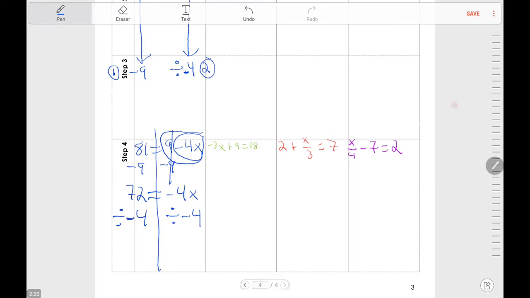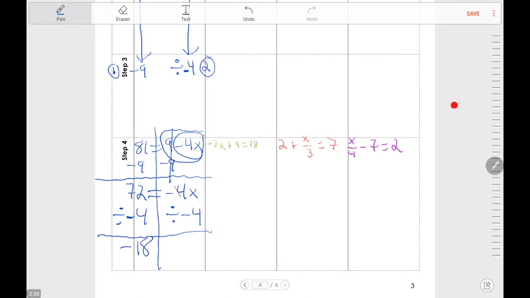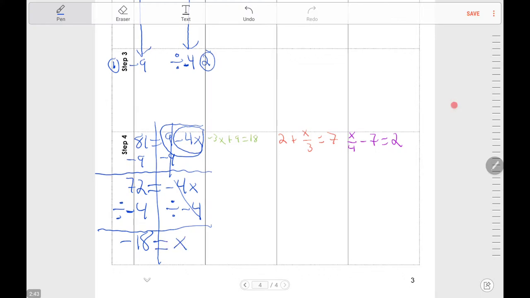Well, I know 72 divided by 2 is 36, so half of that is 18. And we're going to make it a -18. So 72 divided by -4 is -18. These cancel. We're done with them. So -18 equals x. And because of convention, we do this. x equals -18. All right.